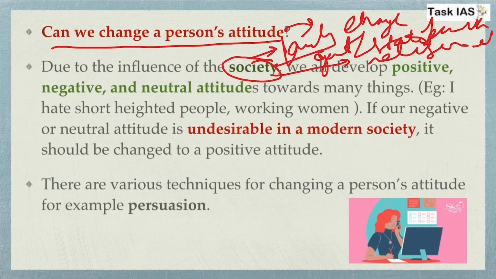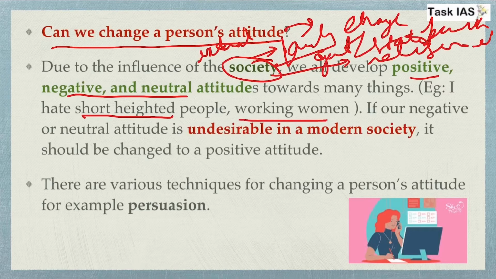Due to external factors, you can mention this point, we can develop positive, negative or neutral attitudes towards many things. Because I may have a negative attitude towards short-sighted people, or someone who is very conservative may have a negative attitude towards working women.